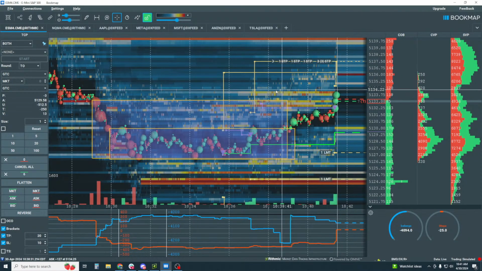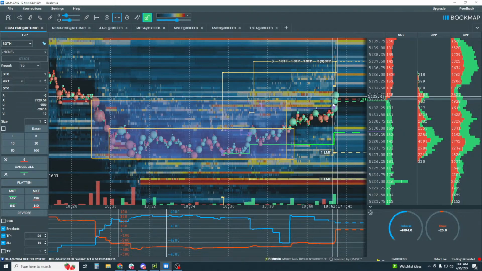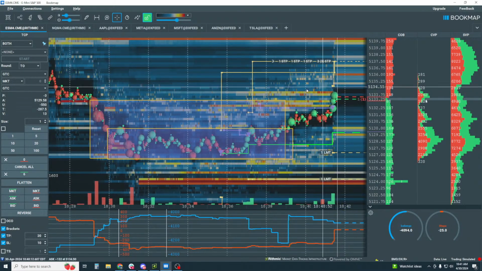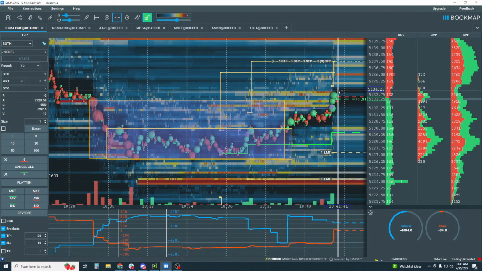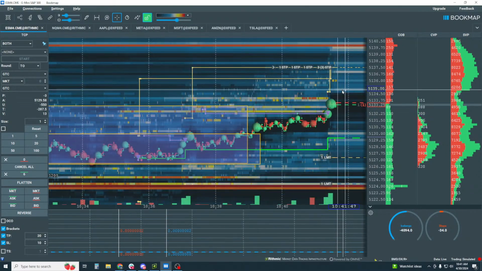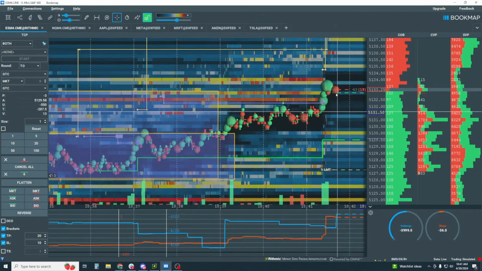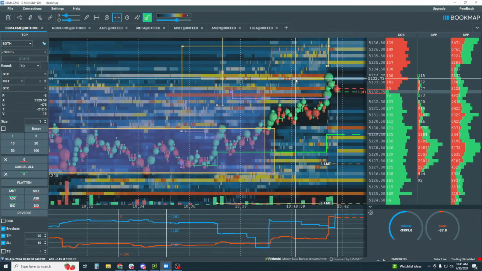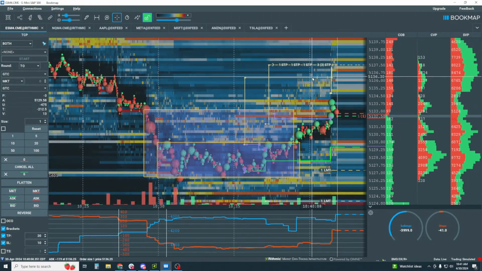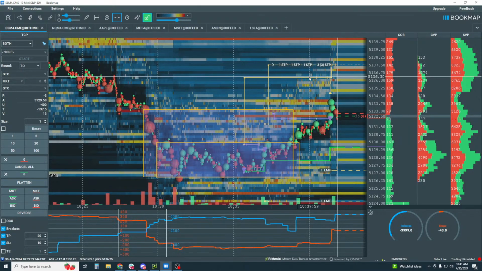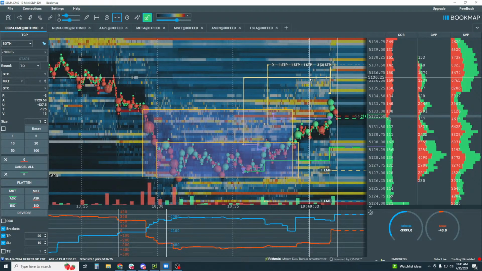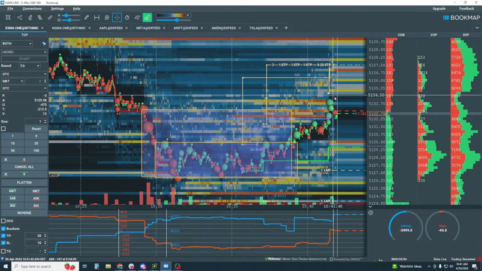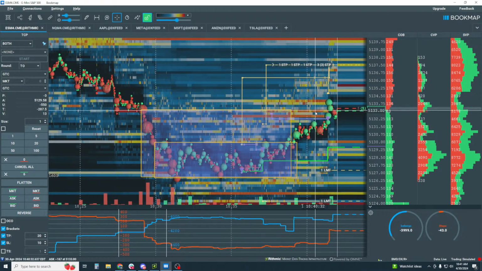Okay, so now this should be a stop run. It is. But now we're looking for sellers still to remain in control. So we're looking for this to fail here and then come back into the range. This might take some time to work out, but that is the idea.